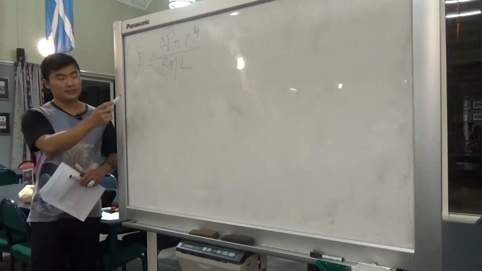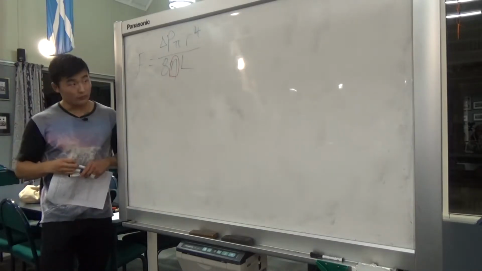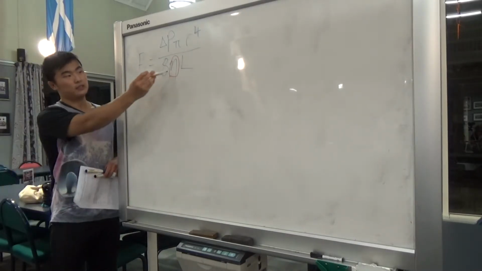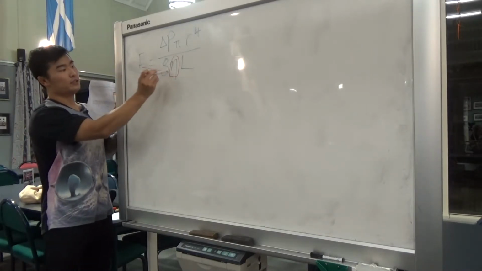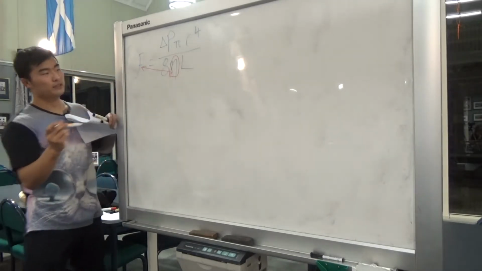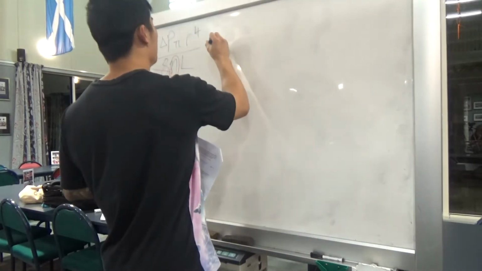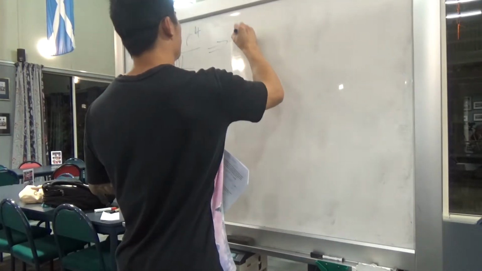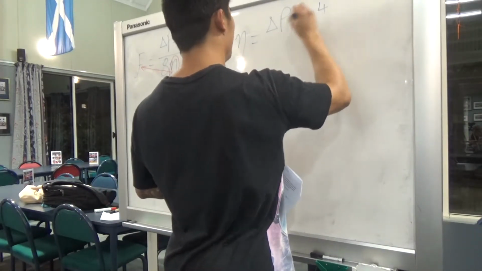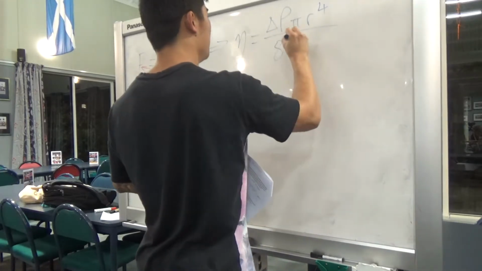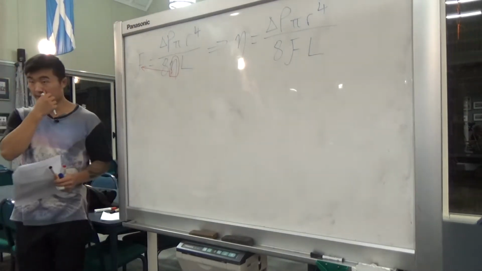We're after the viscosity, so we want to rearrange for viscosity, and we can just do a swap. Viscosity is equal to delta P pi times radius to the 4th power over 8 times the flow rate times L.